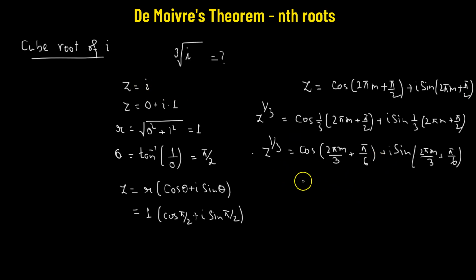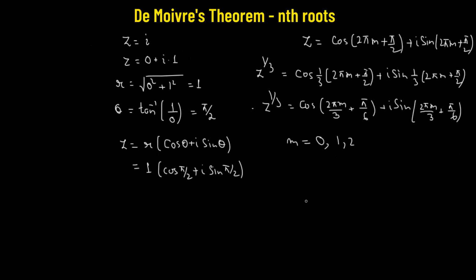Now since we are considering the cube root, so the values of m would be 0, 1 and 2. So these are going to give us the 3 distinct roots of cube roots of iota. So let's begin. So we will first consider let m be equals to 0. For this case, we have z raised to the power of 1/3.